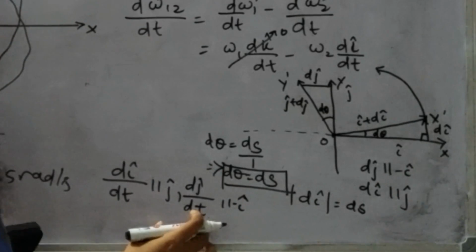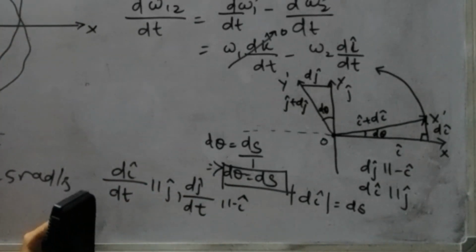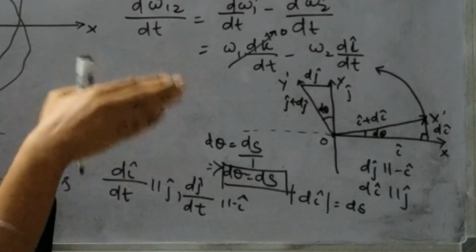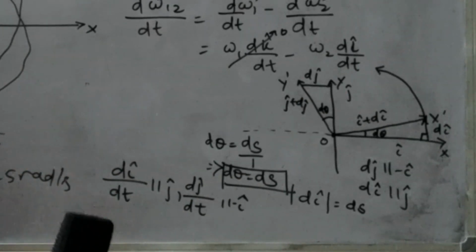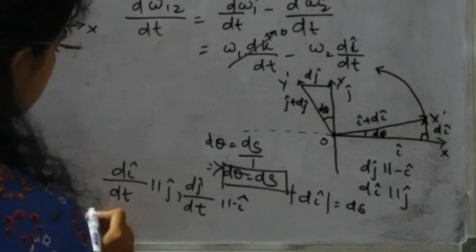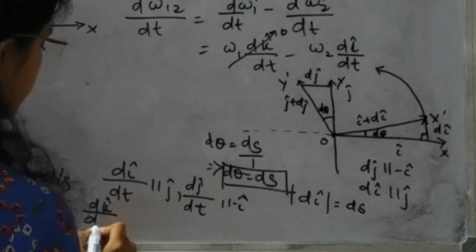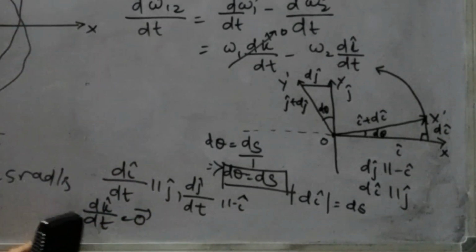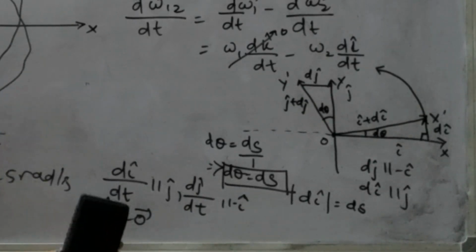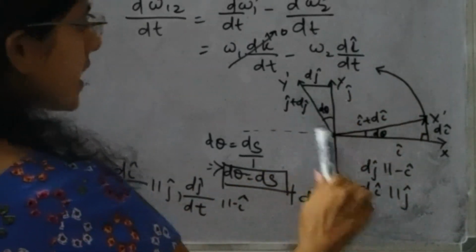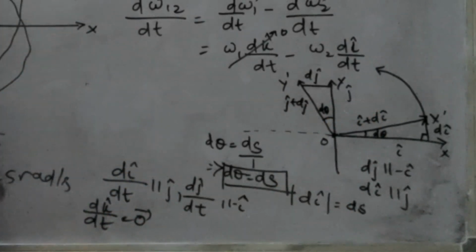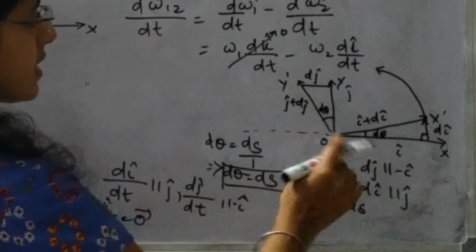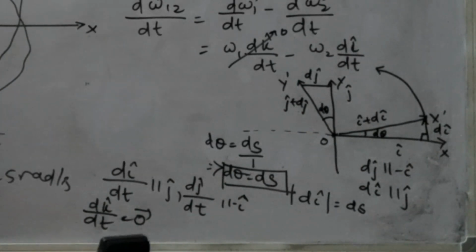Along the z axis there is no displacement, that is dk cap divided by dt is equal to 0 vector, because the body is rotating in the xy plane but along the z axis. So when it rotates there will be no change of the z axis.